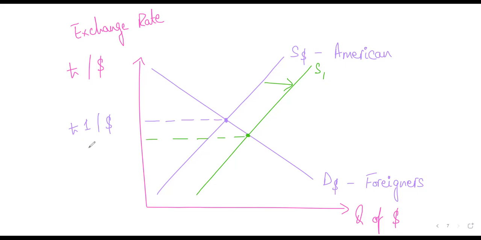So now instead of each dollar buying £1, it would buy half a pound. Does this make sense?